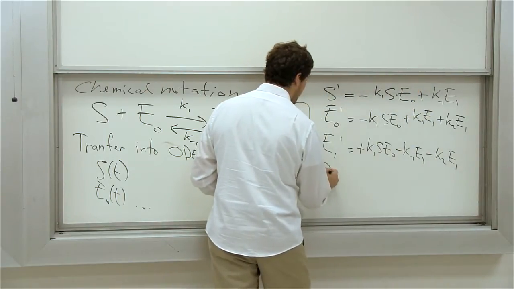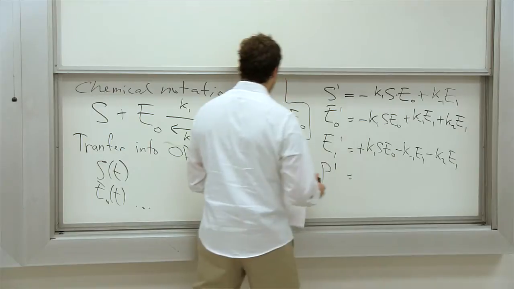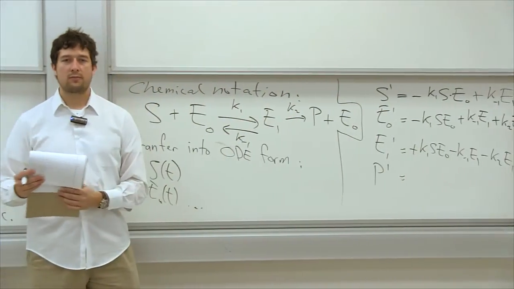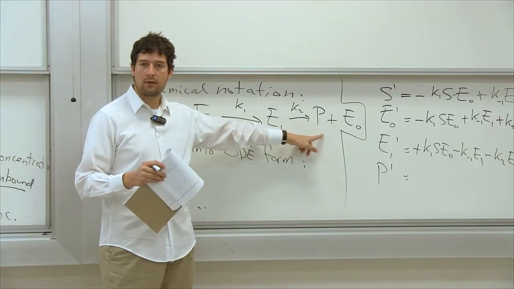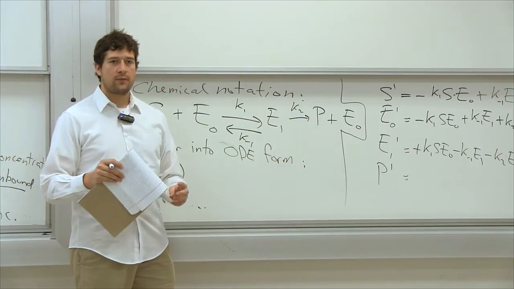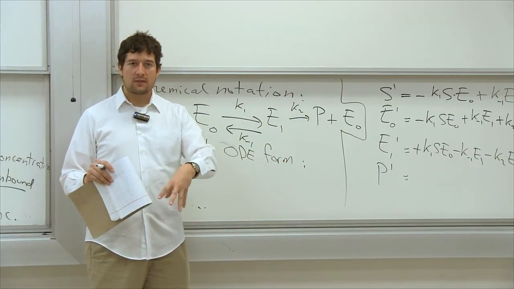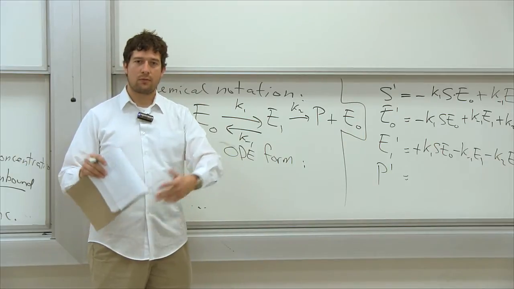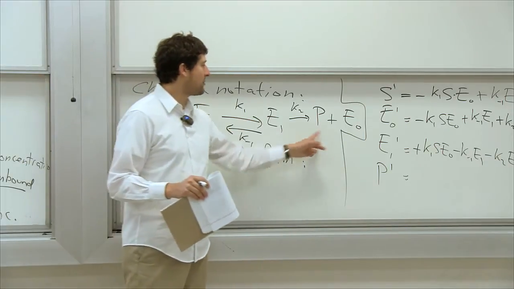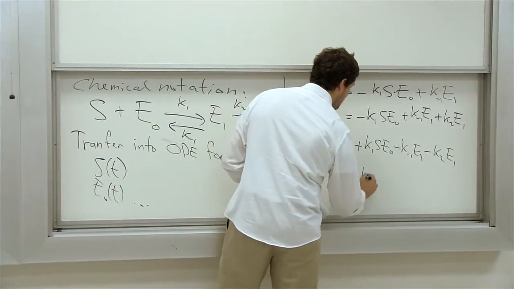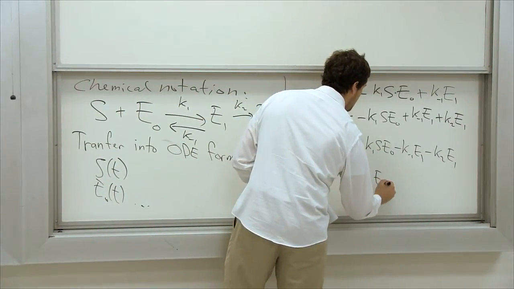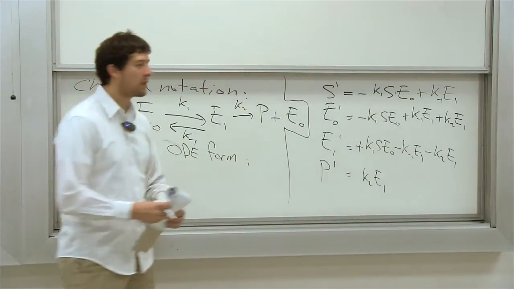Okay, and finally the product. Which reactions is the molecule P involved in? Only one, right here. The only way that food inside goes up is when this reaction happens, and the rate for that reaction we already saw is K2 E1.